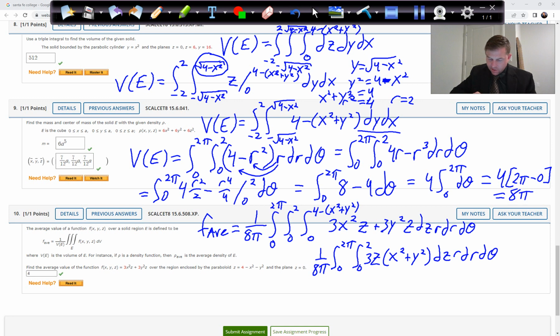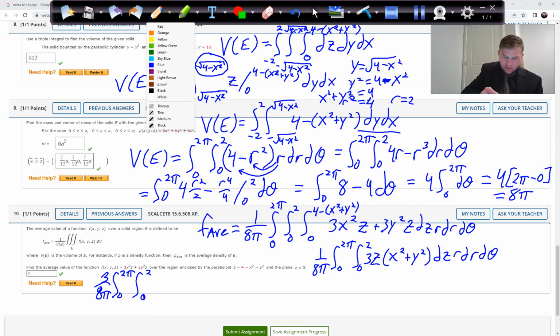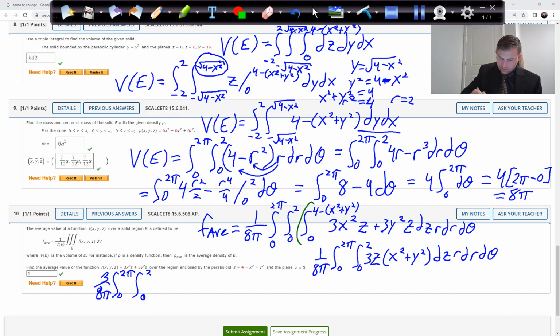And let's factor out this 3, and we'll get the antiderivative. So we get 3 over 8 pi, 0 to 2 pi, 0 to 2, and I forgot the integral sign here. It's this same integral sign. I just forgot to write it. This should still be right in front of the 3.